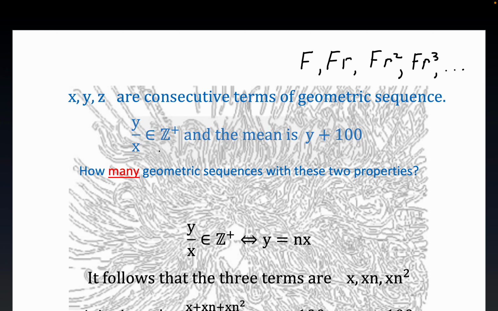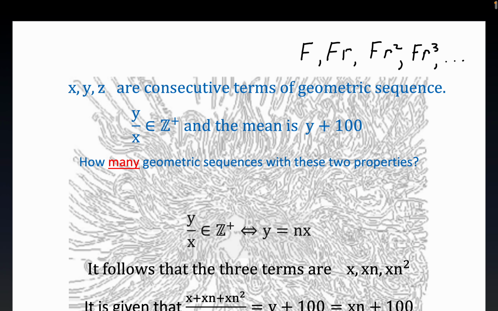All right. Now, this very first condition that doesn't look like much is actually quite valuable. Y over X reduces to a positive integer, and so that means we can rewrite it as Y is equal to NX, where N is also a positive integer. So N is a member of the positive integers.